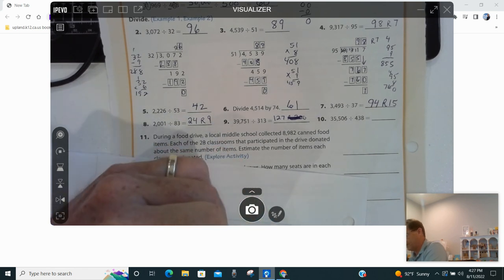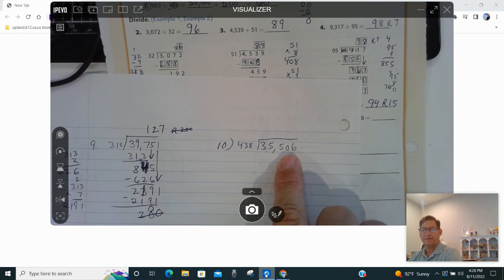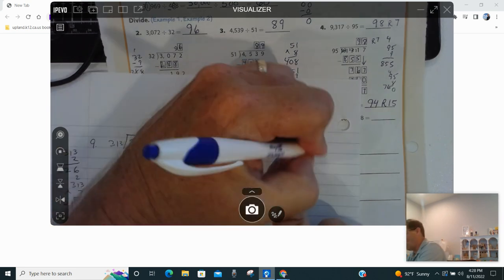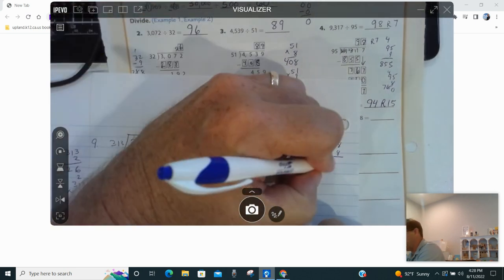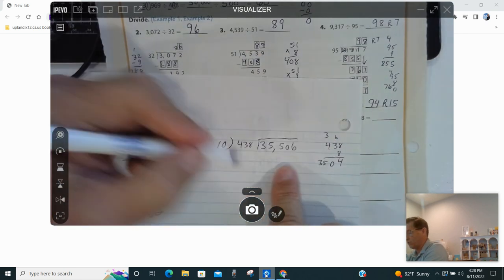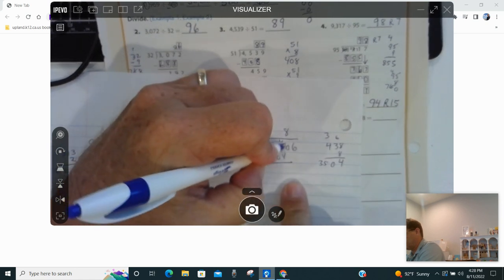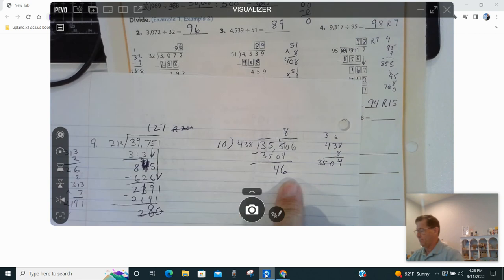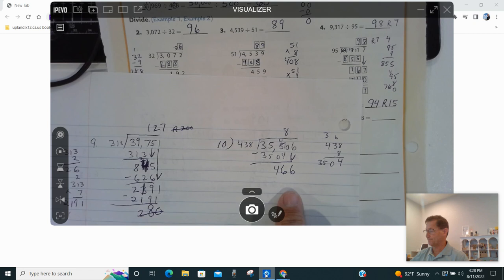35,506 divided by 438. I can't take 438 from 355, so I'm going to actually take it from 3,550. 8 might work because 8 times 400 is 3,200. 3,504. So that should work. We get a remainder of 46 and bring down the other 6.